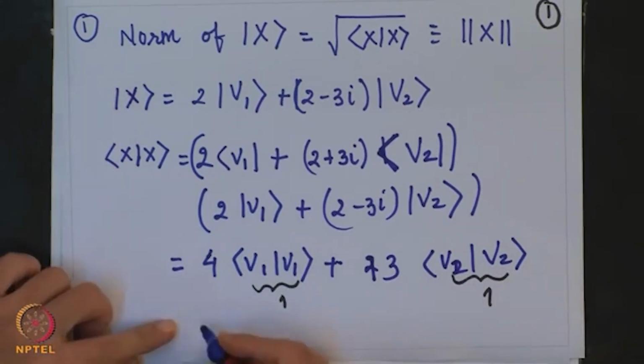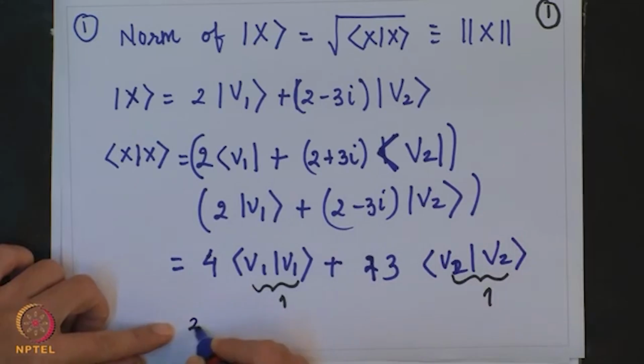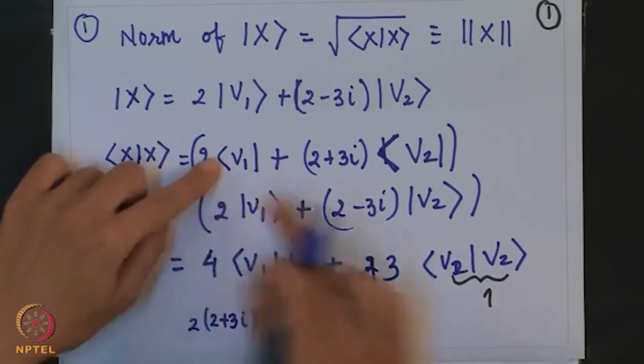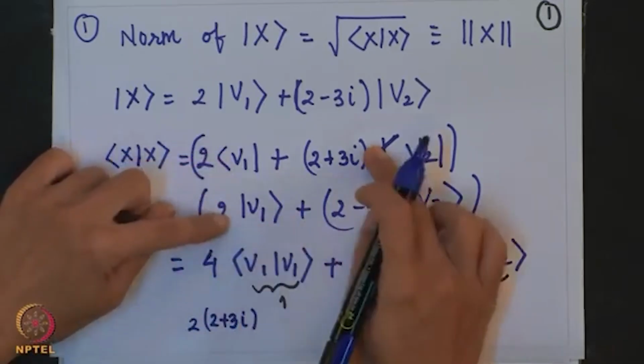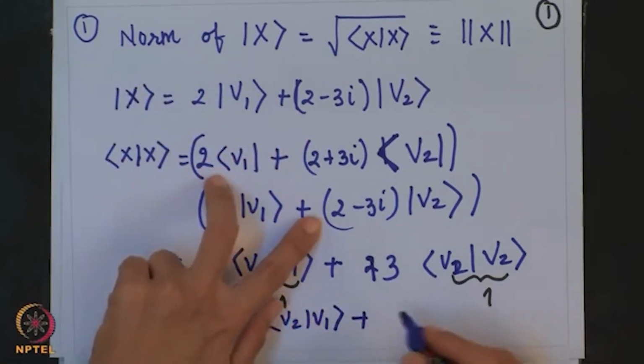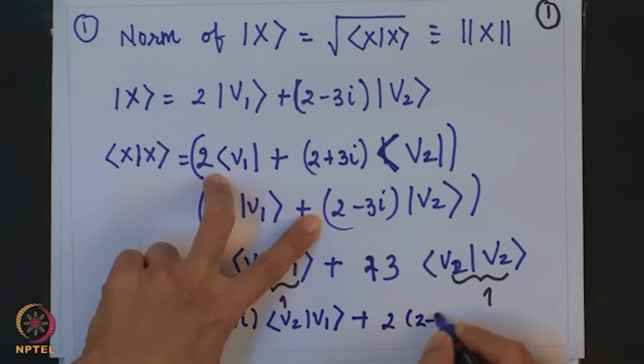Then the cross terms would be 2 into (2 plus 3i), this with this will give me <v2|v1>, plus this on this will give me <v1|v2>.